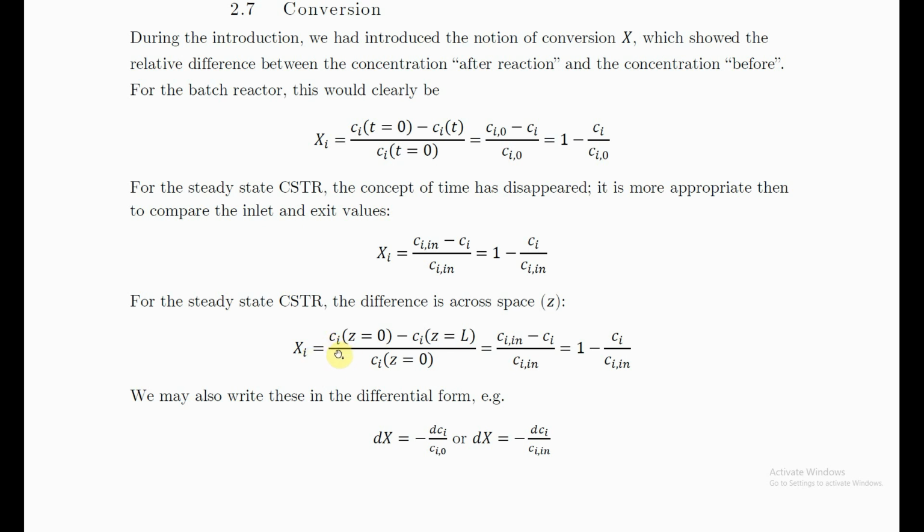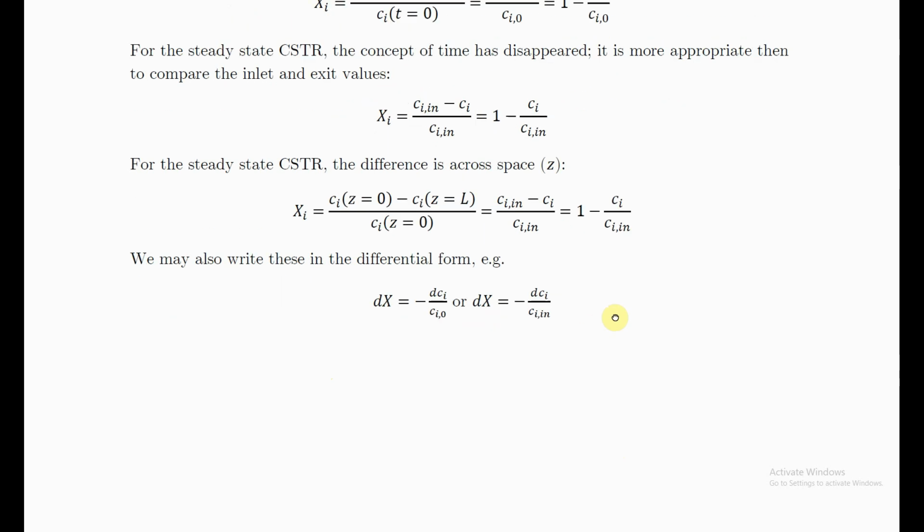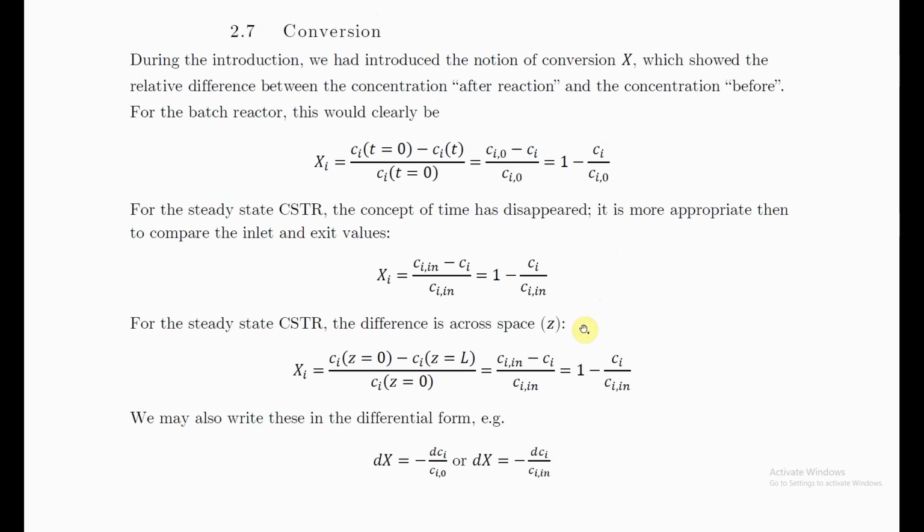So we understand conceptually what we are trying to figure out when we declare this X, but we need to contextualize that for the reactor. For the PFR, this is an appropriate definition for X. For the CSTR, it's a bit different, and it's a bit different for the batch reactor. So that's how we can define X in the 3 cases.